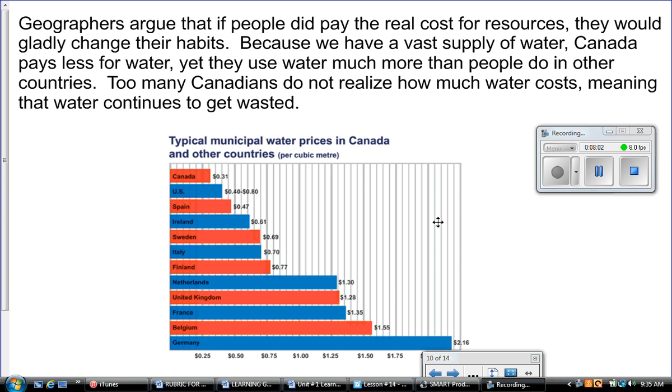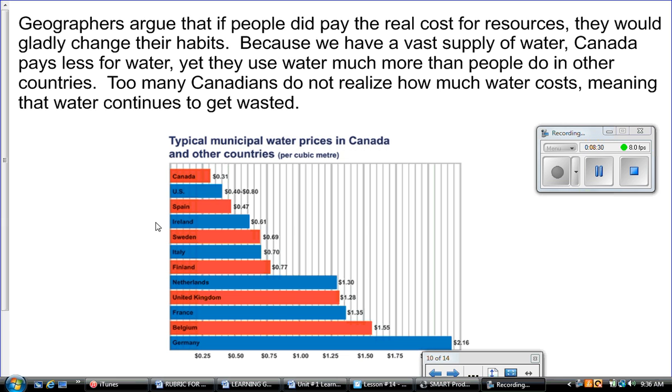So this graph here, it's not misleading. It has been drawn appropriately, but when you look at it, it looks like Canada is actually doing better compared to other countries in the world because we have the smallest cost of water per cubic meter.